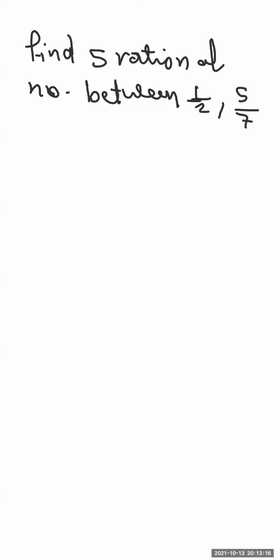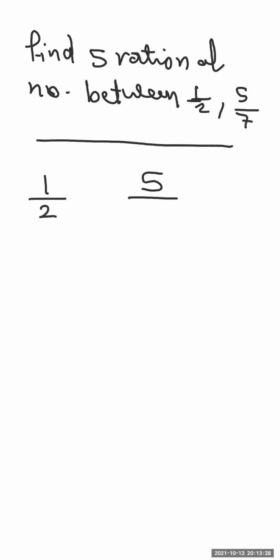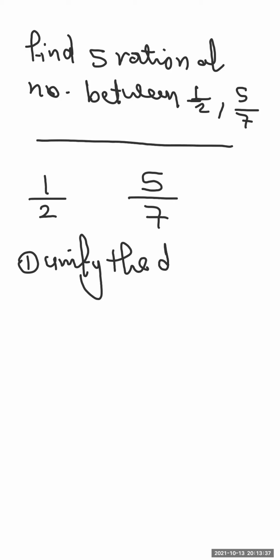But one second. Listen to me carefully and concentrate. Here the two numbers are 1 over 2 and 5 over 7. First step, unify the denominators. Exactly.